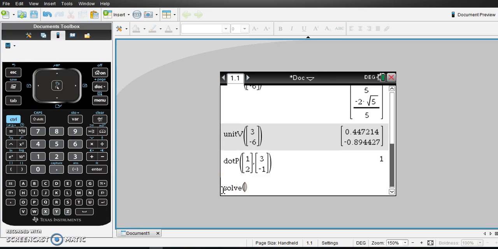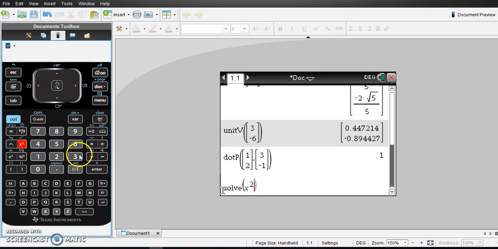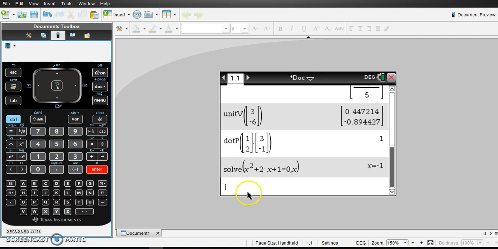So if I put in x squared plus 2x plus 1 equals 0 as my equation, and the variable I want to solve this equation for is x, so I put comma x, then it tells me that I have one solution, namely when x is equal to -1. And this can solve equations that are much more complicated than this.